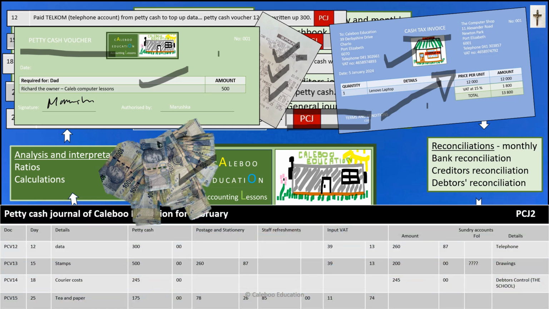Then all this information is recorded in a journal, the petty cash journal, and from the petty cash journal the information is taken to the general ledger.